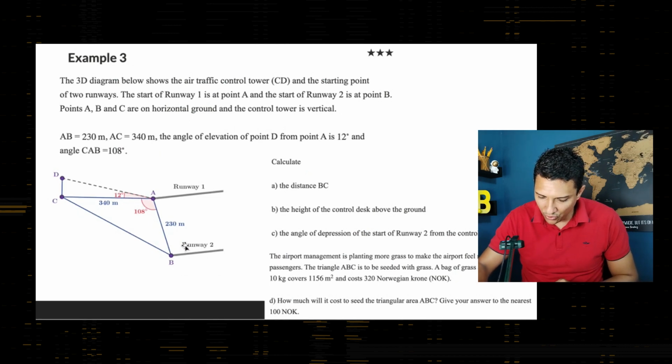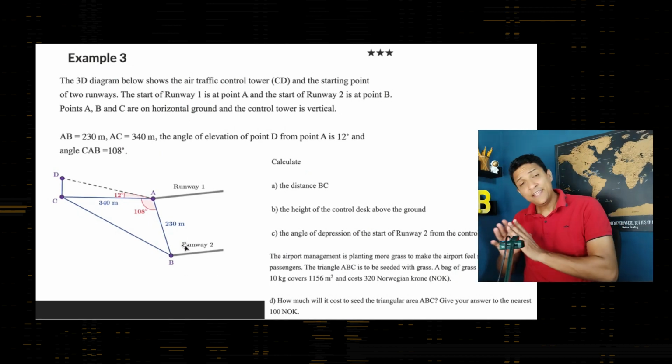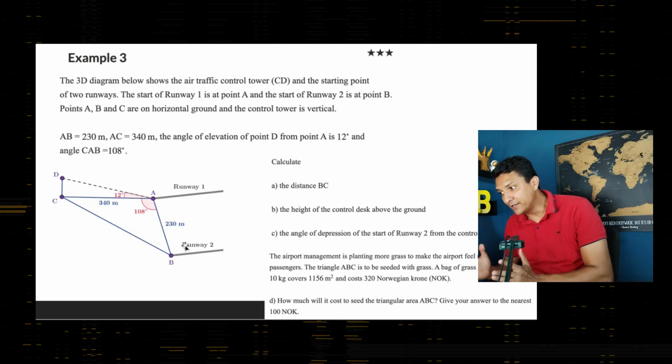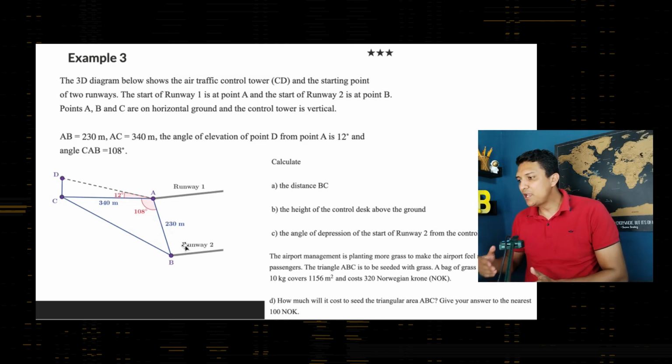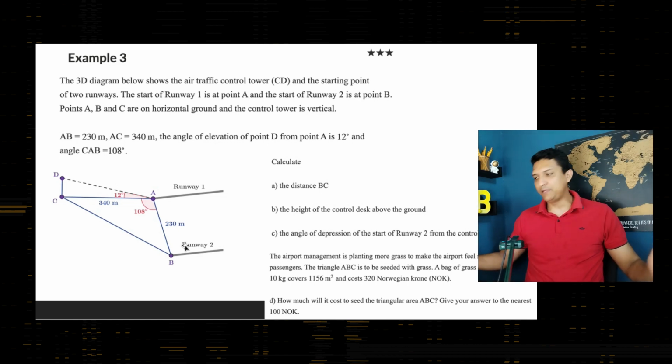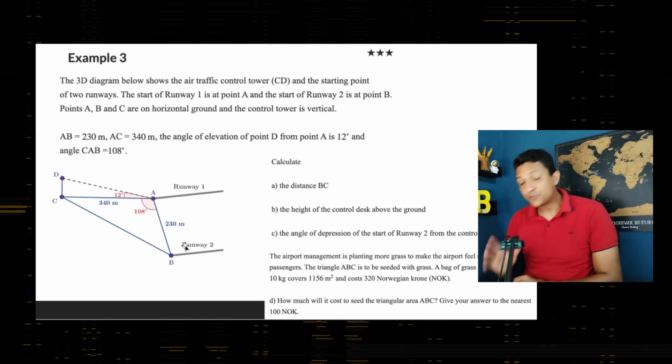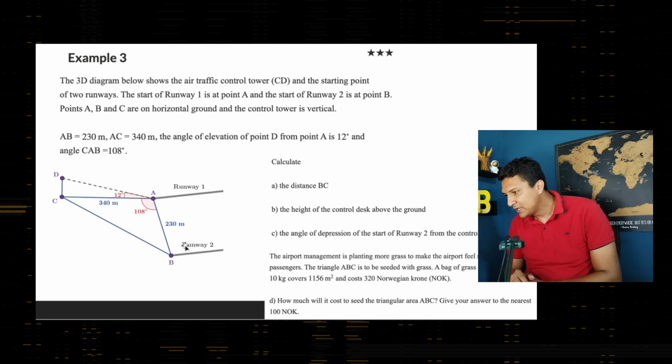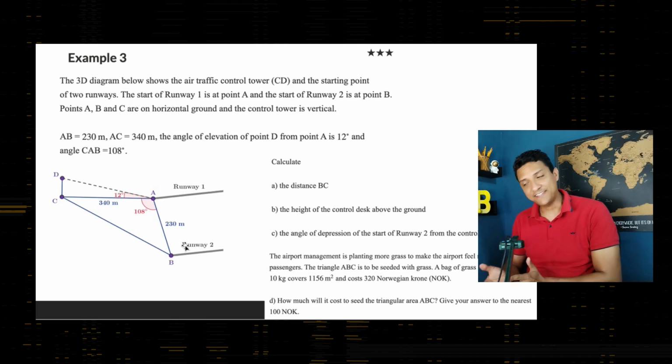It says the airport management is planting more grass to make the airport feel more welcoming to the passengers. The triangle ABC, the one that you can see there in the drawing, is to be seeded with grass.